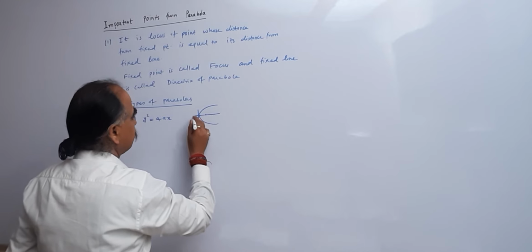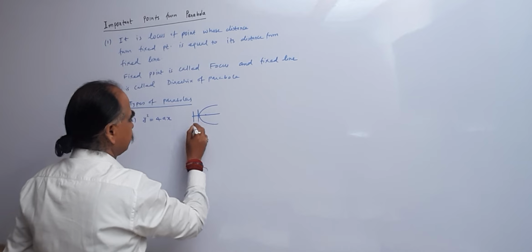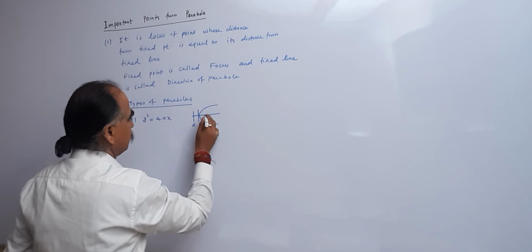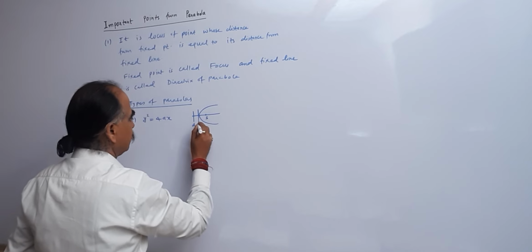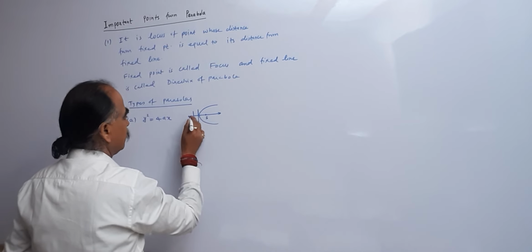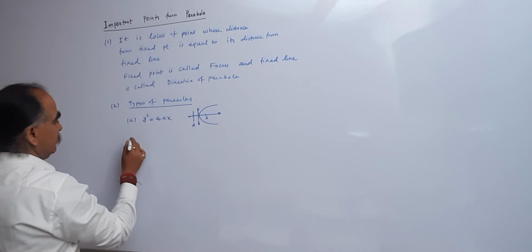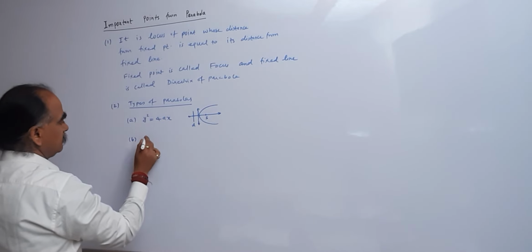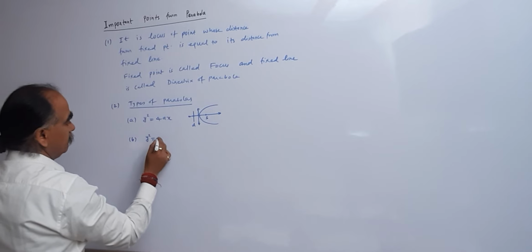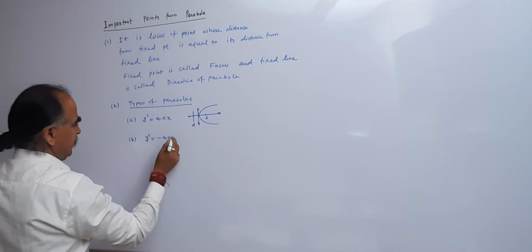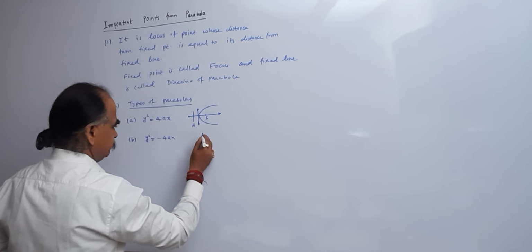Focus will be here and directrix will be behind. Second is y square is equal to minus 4ax.